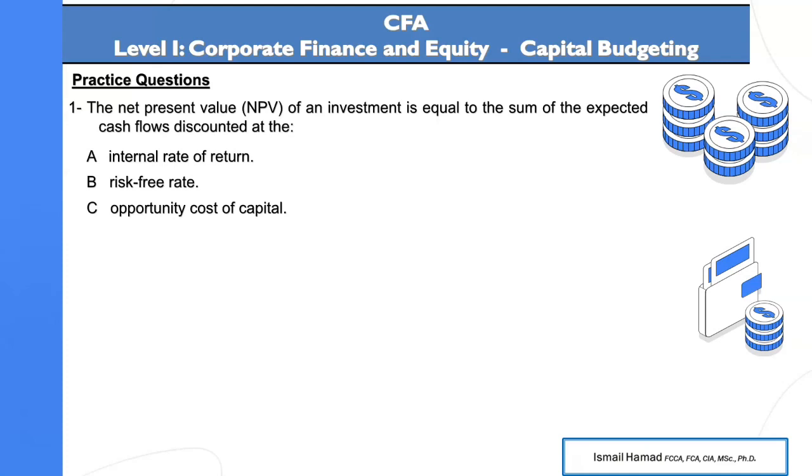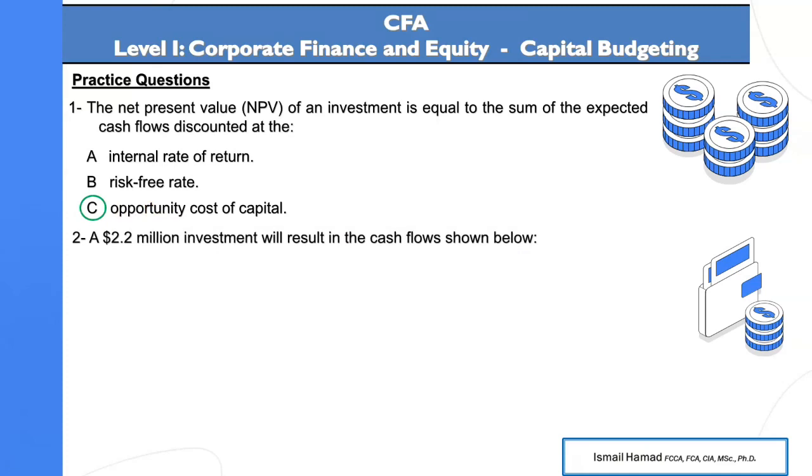Yes, this is the rate that we are going to use as a discount factor. Why? Because if the rate I'm going to use is 10% and there is an opportunity that gives 12%, for example, why should I use the 10%? I should go directly to that opportunity and leave the project. So this is the right answer: the opportunity cost of capital.